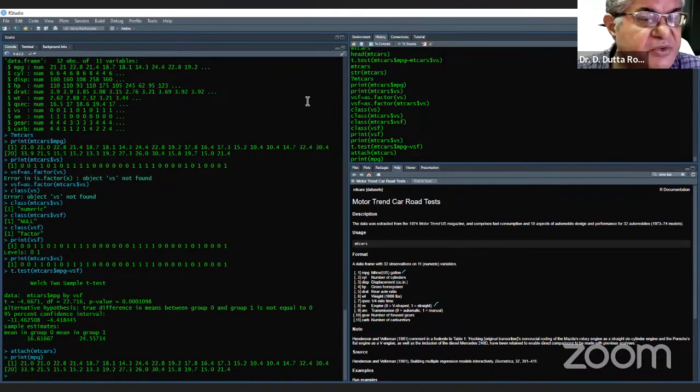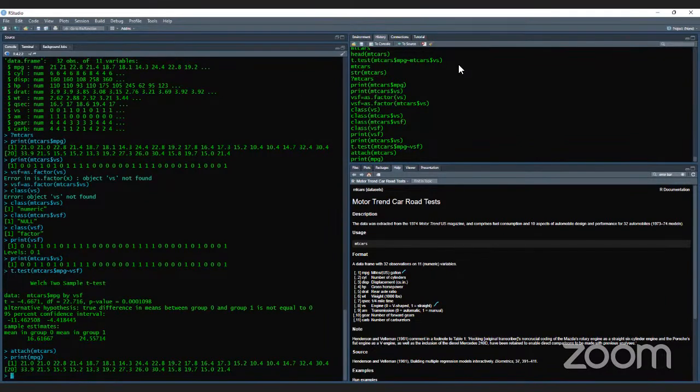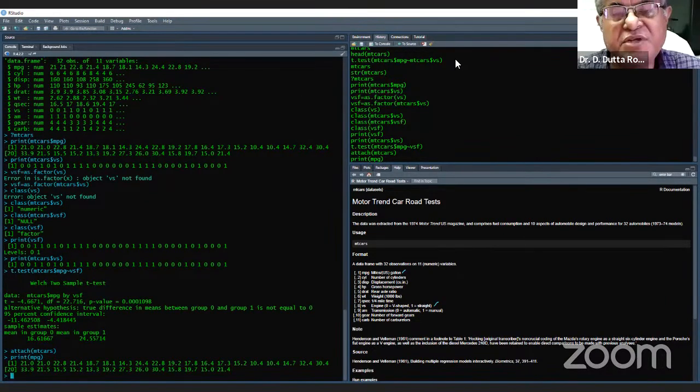But first you have to install R from CRAN, considering your computer configuration. I think Naresh can guide you, Shashwati can guide you.